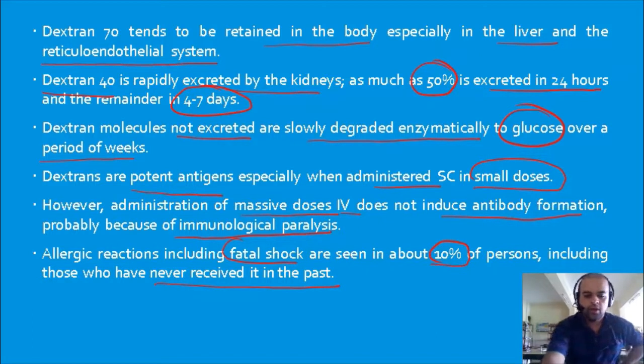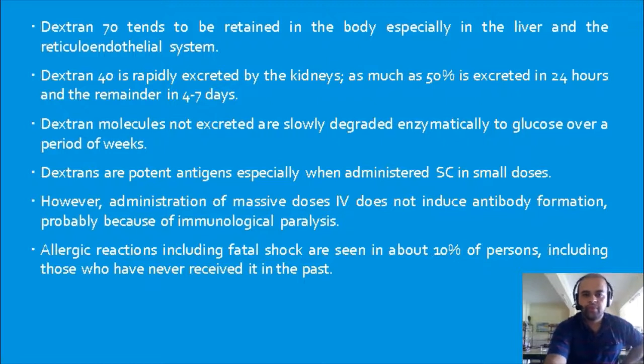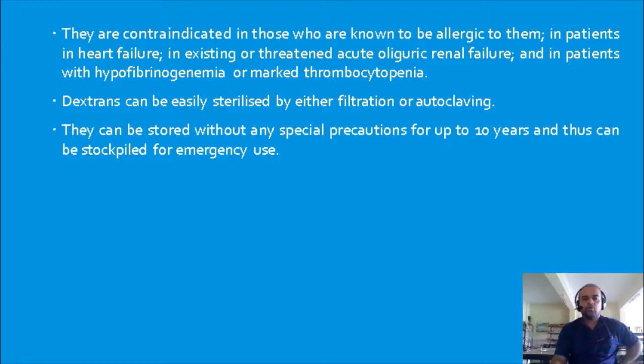Okay, so next, they are contraindicated in those who are known to be allergic to them, in patients with heart failure, then in existing or threatened acute oliguric renal failure, and in patients with hypofibrinogenemia or marked thrombocytopenia.